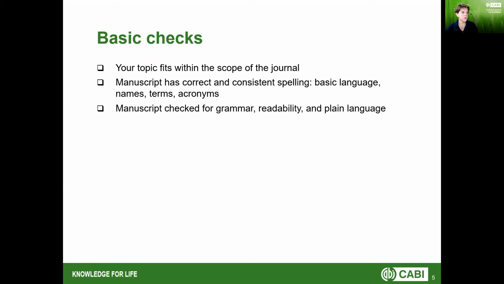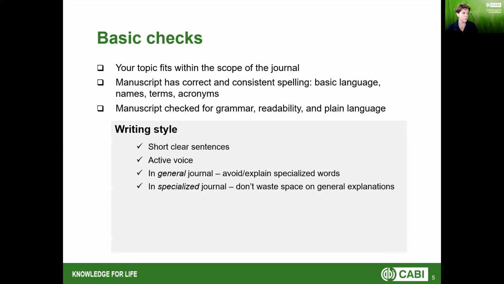So you also should check the manuscript for grammar, readability, style and plain language. So you should write in short, clear sentences. You should use the active voice. In general, broad, multidisciplinary journals, you should avoid too many specialist words, and if you do need to use them, make sure you have an explanation.